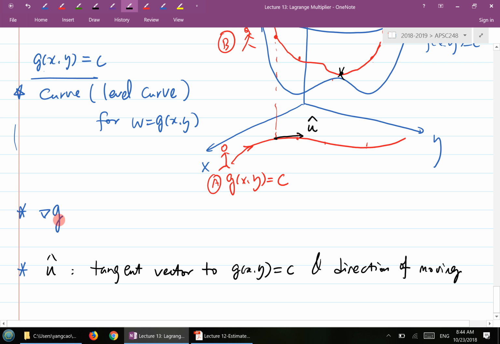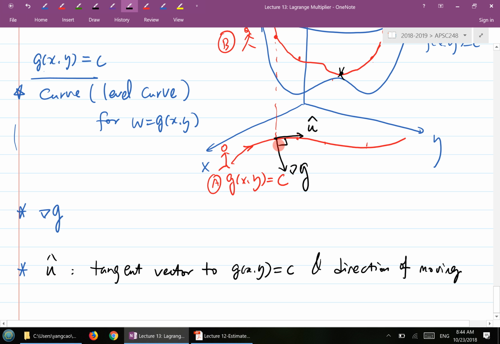Now back to the previous lecture. When we calculate del g, this is a function of two variables, so the gradient vector is a vector in the 2D space. Now if you recall, one of the properties we learned is that the gradient vector del g and the u hat must be perpendicular.